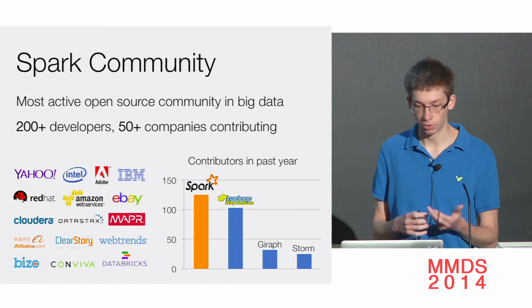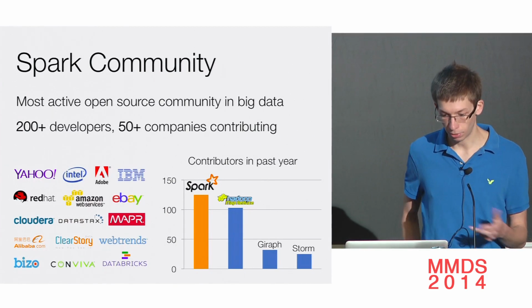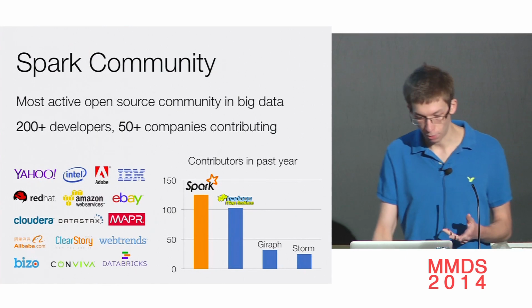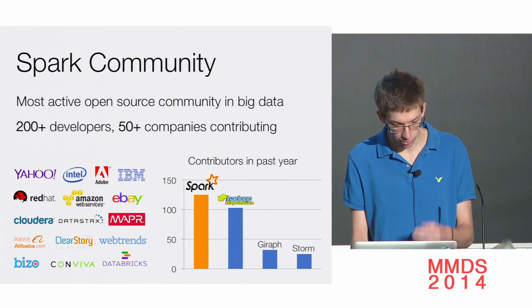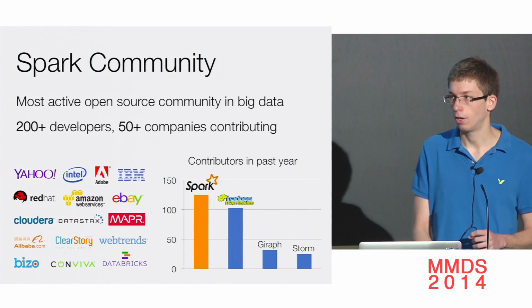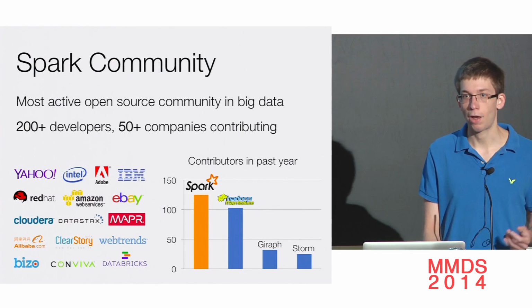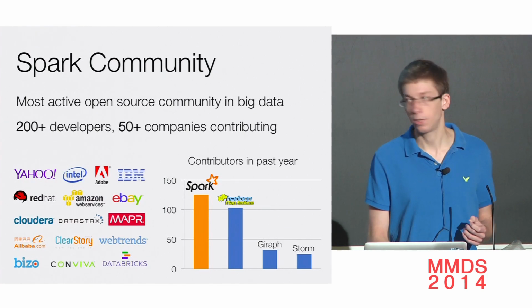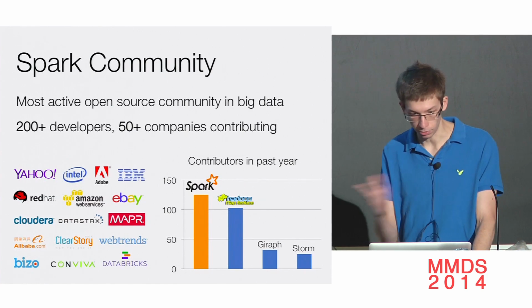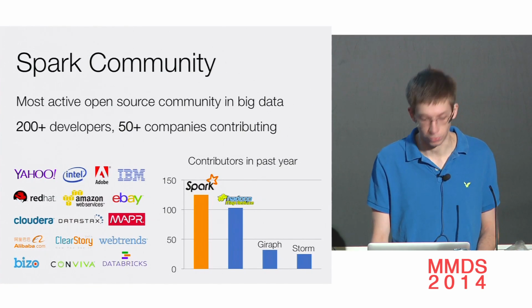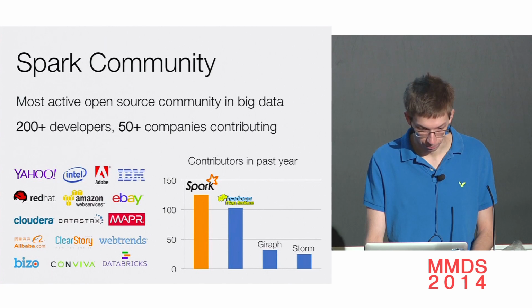So since the project started in 2009, we've had over 200 developers from over 50 companies contribute to it. And down there are some of the companies that either contribute to Spark or have products based on it. And in the past year, we actually surpassed the contributors of Hadoop MapReduce, which is the next most popular one.